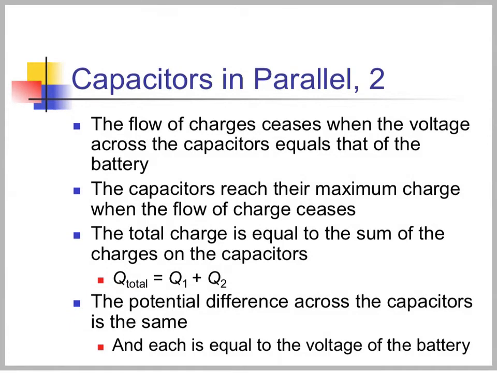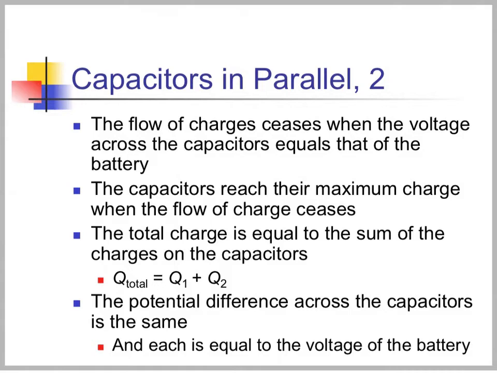The flow ceases when the voltage across the capacitors equals that of the battery. The capacitors reach their maximum charge when the flow of charge ceases. The total charge then is equal to the sum of the charges on either of those capacitors.